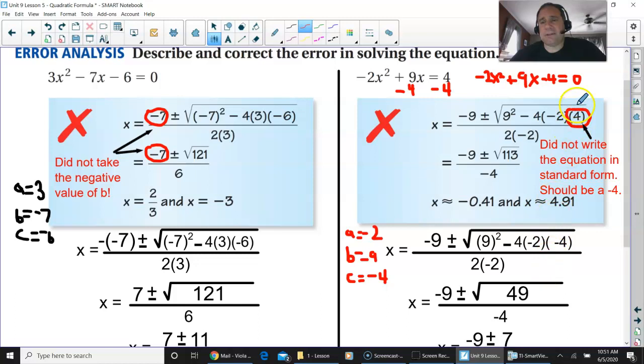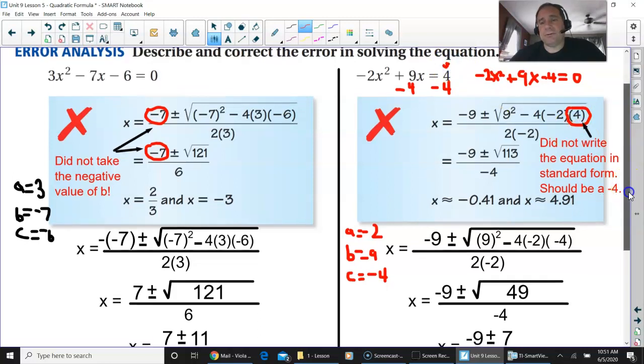So that's their mistake right there. They probably did not write the equation in standard form, and substituted the 4 in as a C. You see right here? That's a common mistake that a lot of people make also.